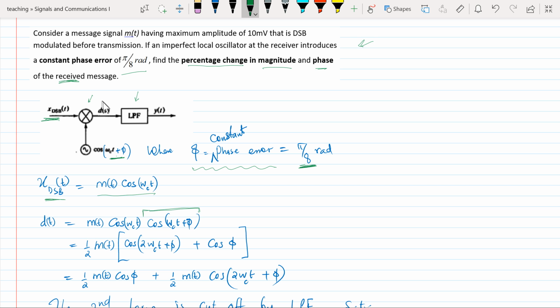So d of t is equal to the input and the local carrier frequency component. When you do that multiplication, the local carrier has phi, a constant phase error of pi over 8.